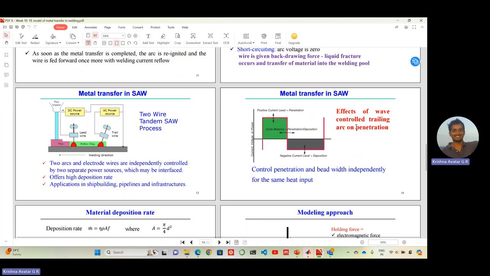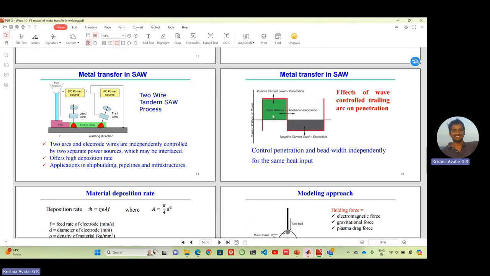And how do we have this effect, wave control of the trailing arc on penetration? So we start with, say, the vertical axis as current, voltage, or power, and the horizontal axis as time. A positive current level implies that there is some penetration going on, and the negative current level implies deposition.